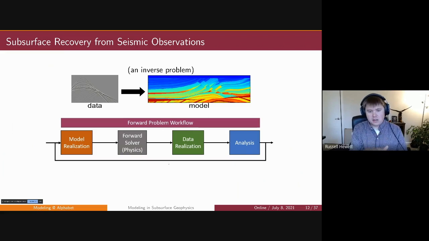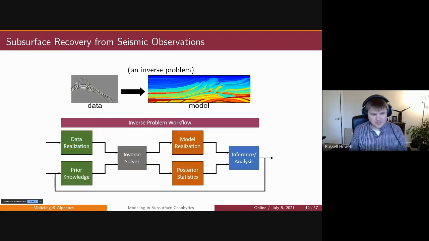If we take this workflow and rotate all of the boxes by 2 slots, we end up with the inverse problem workflow. Given some data realization and maybe some other priors, we pump that through an inverse solver to come up with potential model realizations, as well as maybe posterior statistics on those models, which can then be applied for inference and analysis, which updates our prior or goes on to do something else.